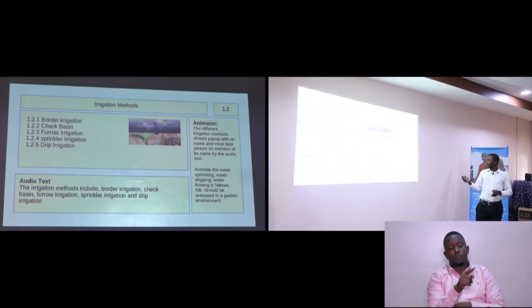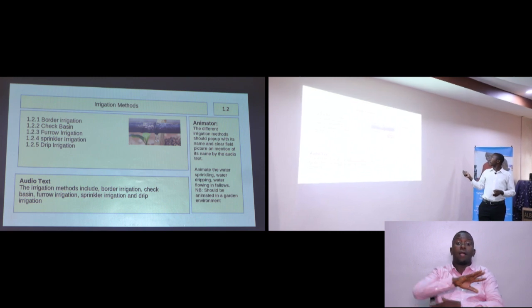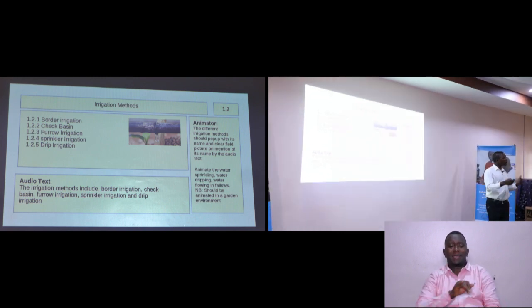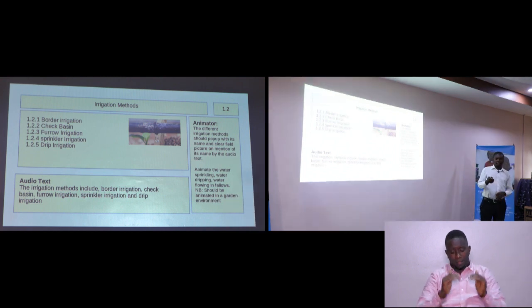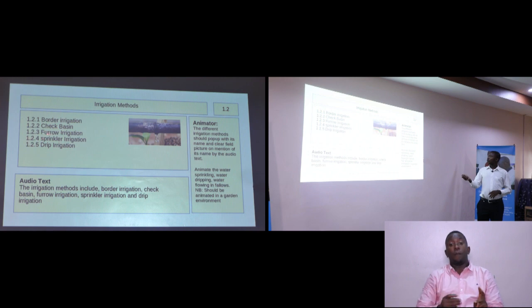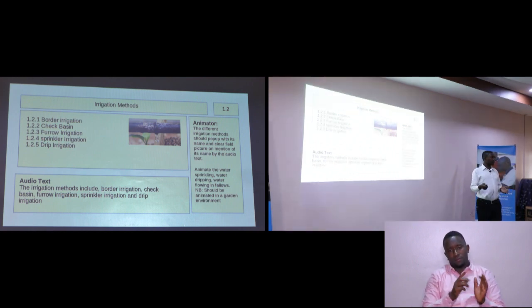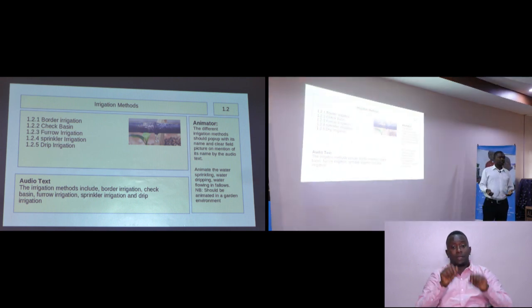And then we have irrigation methods, that's 1.2. Now, under 1.2, we now have other headings, and those are the ones there. But we picked out this and this for demonstration purposes, meaning others can also be got.